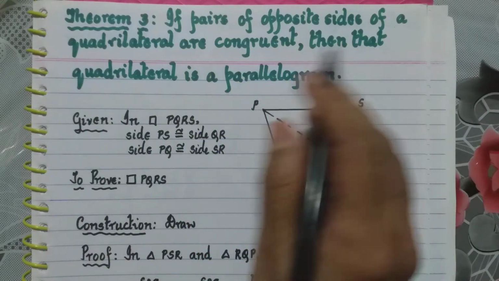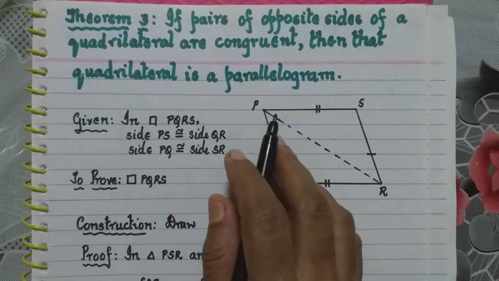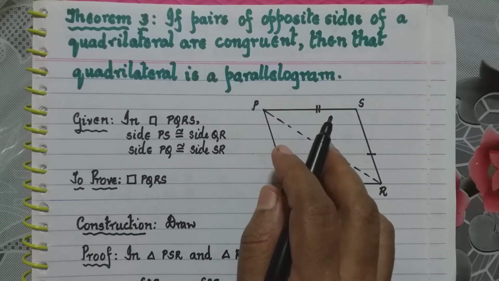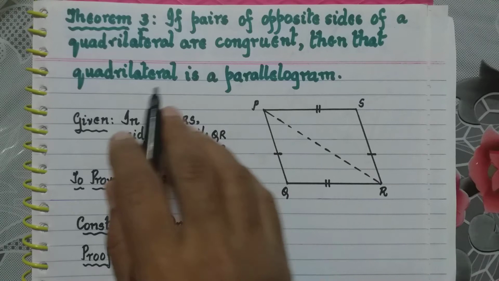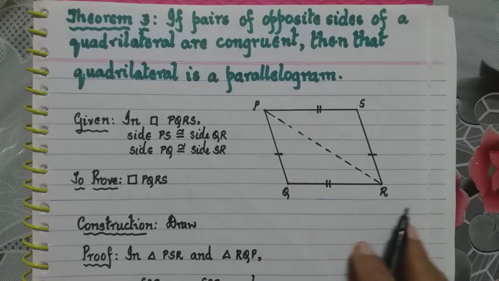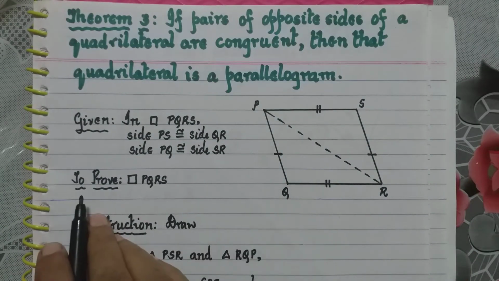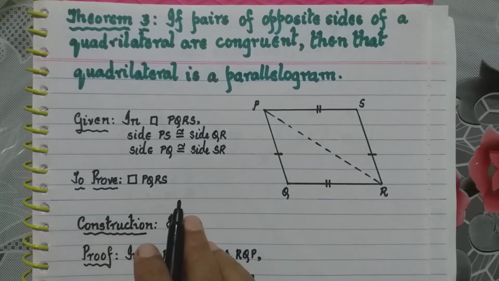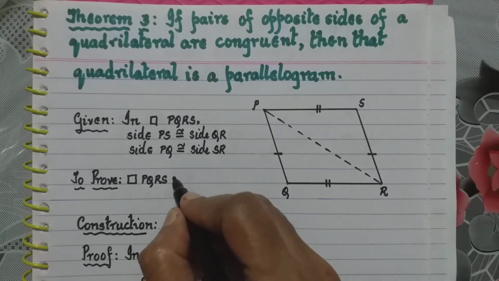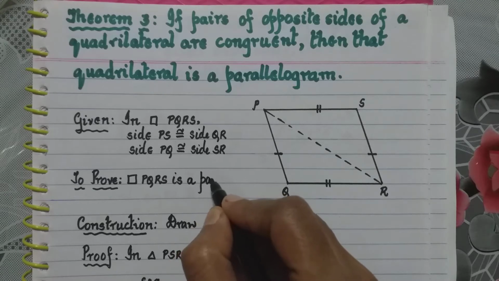If the pairs of opposite sides of a quadrilateral are congruent, then that quadrilateral is a parallelogram. So we have to prove that the quadrilateral is a parallelogram. Which quadrilateral? Quadrilateral PQRS. We have to prove it is a parallelogram. So to prove quadrilateral PQRS is a parallelogram.